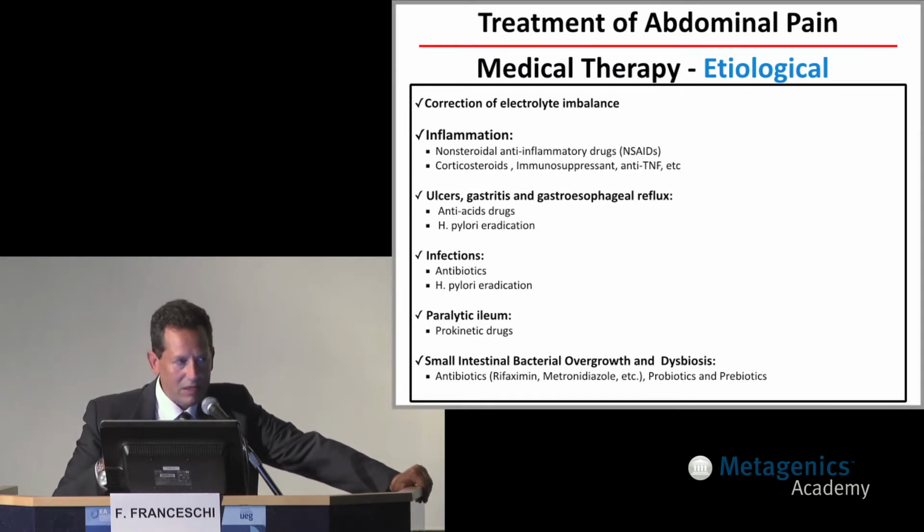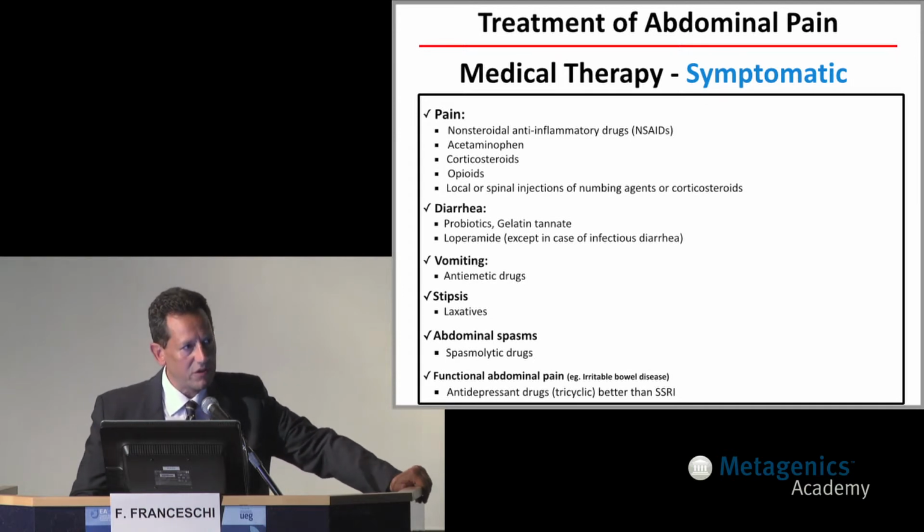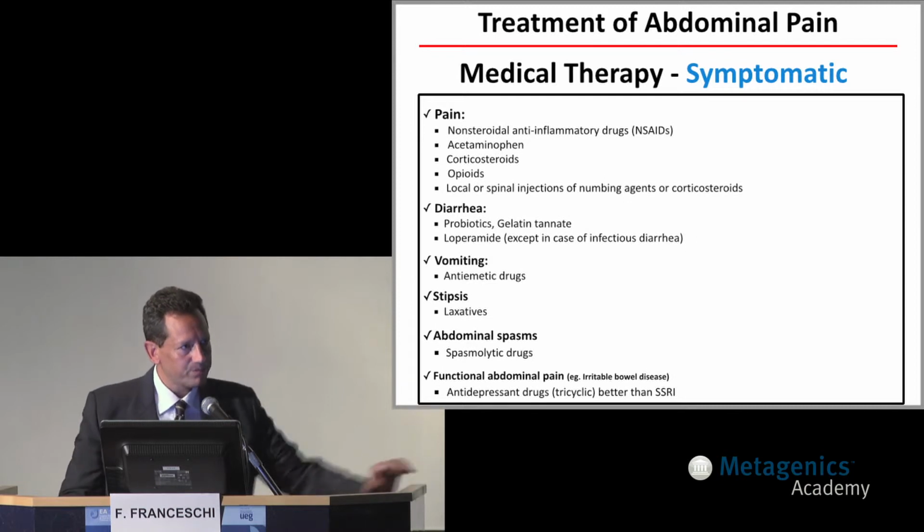Of course, probiotics, we have many probiotics on the market, and we have so many studies. It's very difficult to understand which is the best probiotic we can use. But I would like to focus your attention on the symptomatic medical therapy.